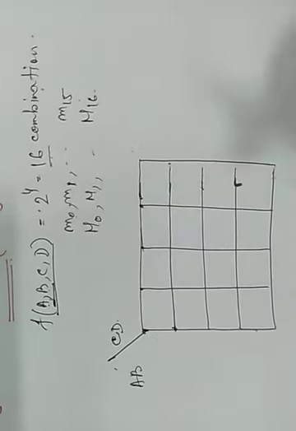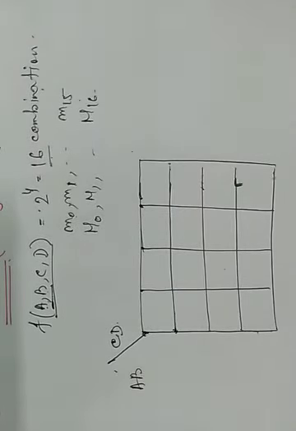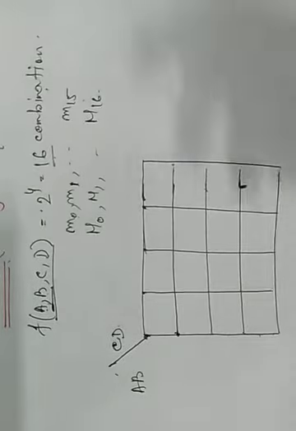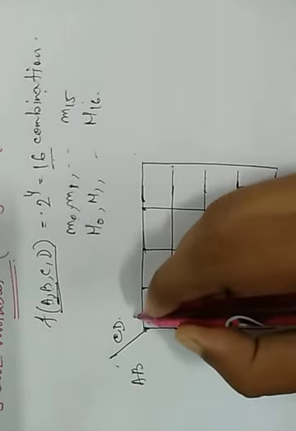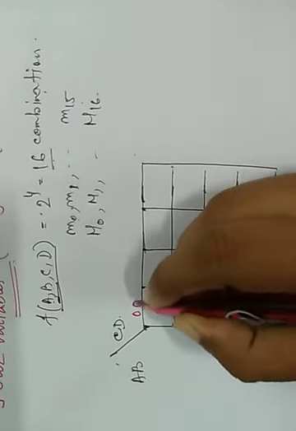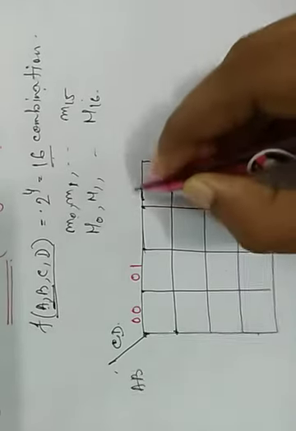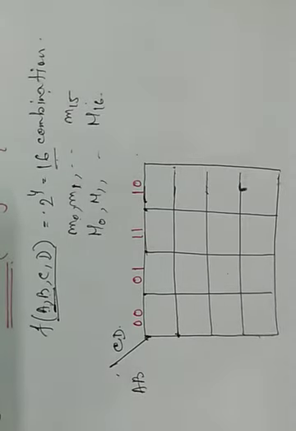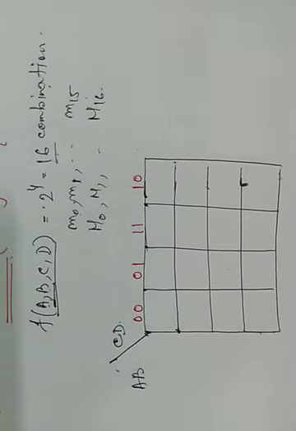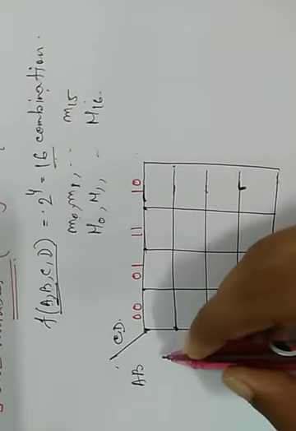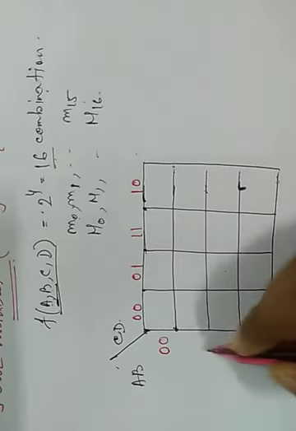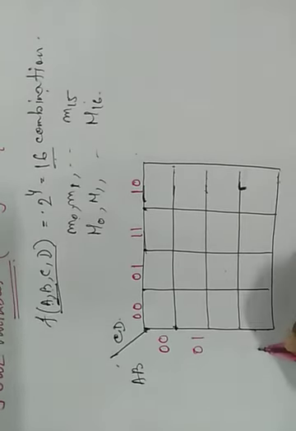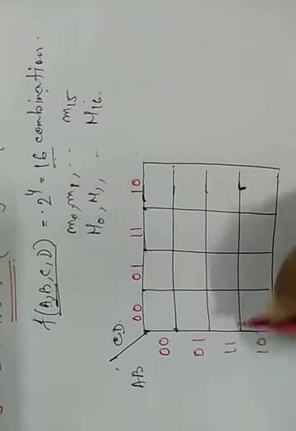So our values are 0 0, 0 1, 1 1, 1 0, and here also 0 0, 0 1, 1 1, 1 0.